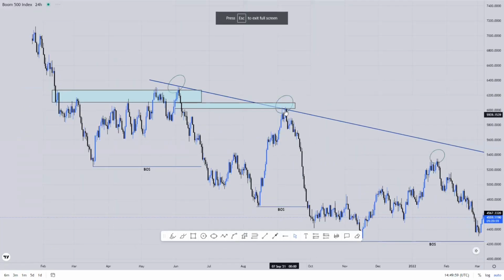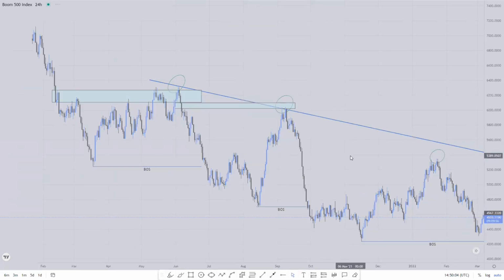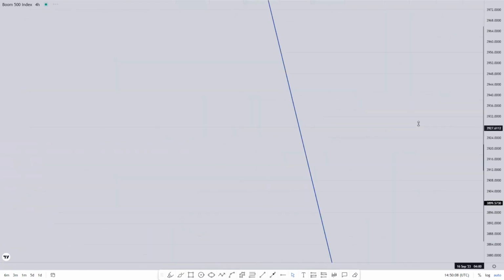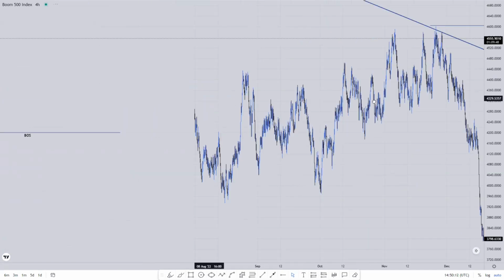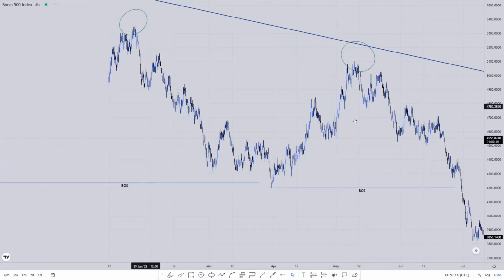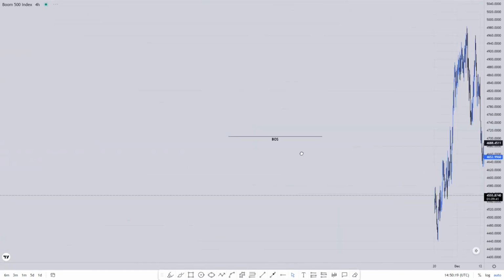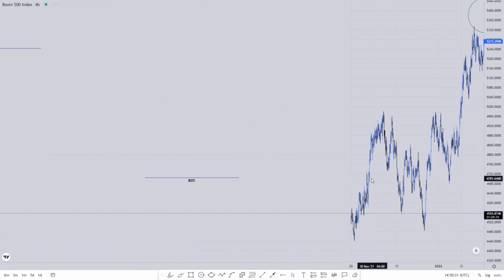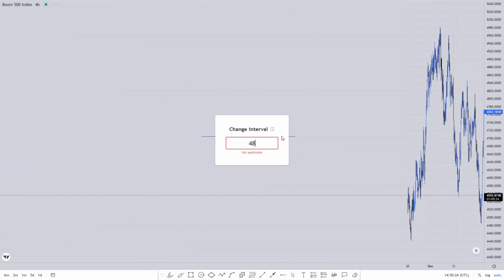This was in 2021. Let me see if the 4 hour can actually give us the 2021 chart as far as September there. If it can go, I can actually show you where the shift happened and where you could have triggered your entry. Unfortunately, this one is not going as far as there.